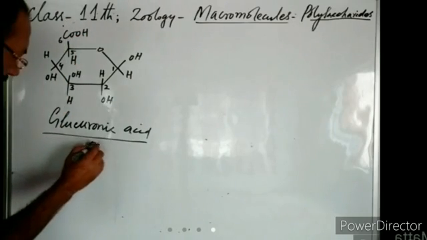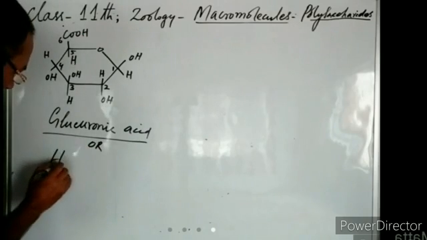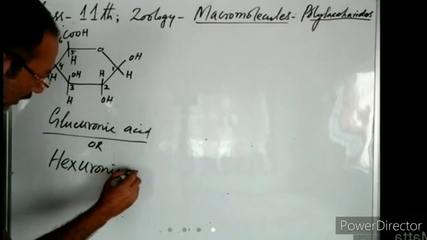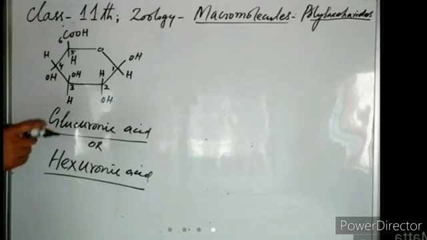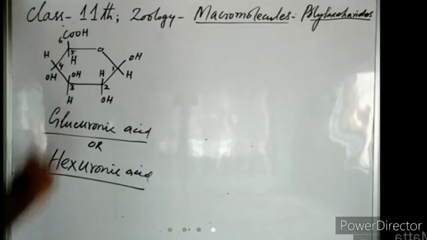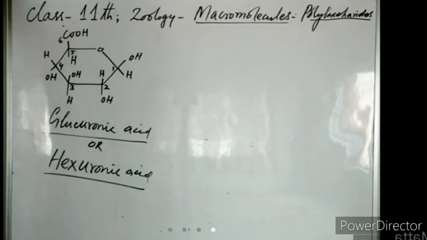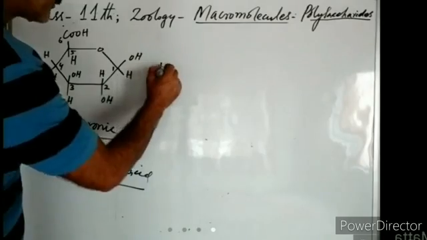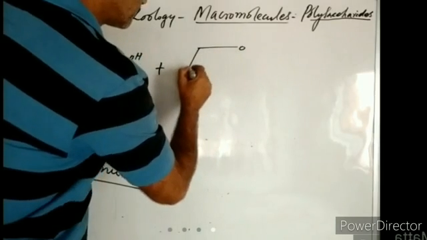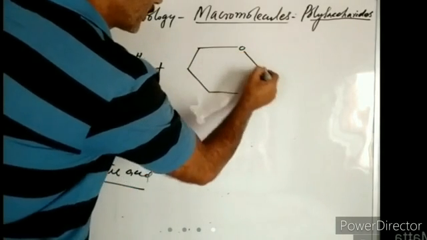So glucuronic acid is a hexuronic acid. Hex means 6, uronic acid. So it is a 6 carbon sugar which has an acid group at its carbon 6 position. This glucuronic acid combines with another modified sugar.